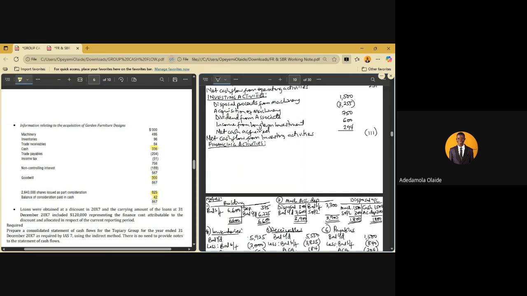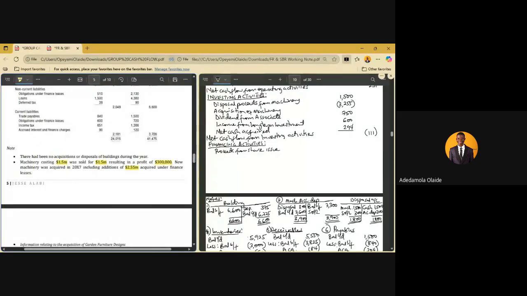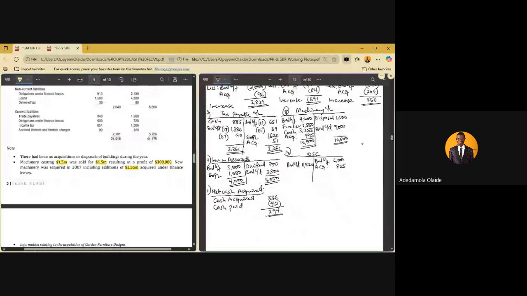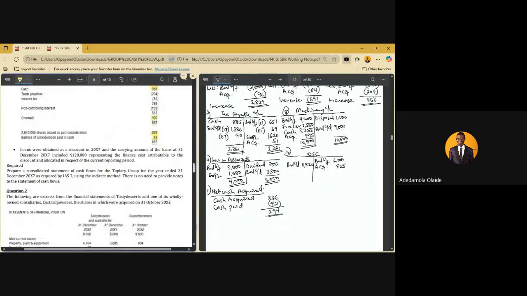For financing activities, what do we have? We have proceeds from share issue. Because if the shares they issued for the acquisition is just 825, but their shares increased to 11,820, then there must have been another share sold via cash.